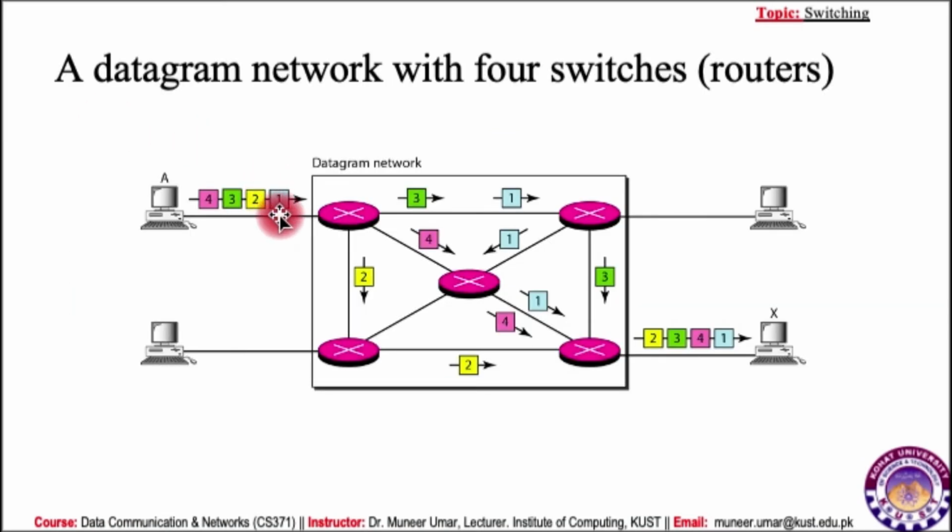So here packet number 1 will have the destination address X, and this would remain the same throughout all these routers, and at each router the destination address would be checked and the appropriate gateway or output port would be selected to route this packet towards X, which is the destination node.